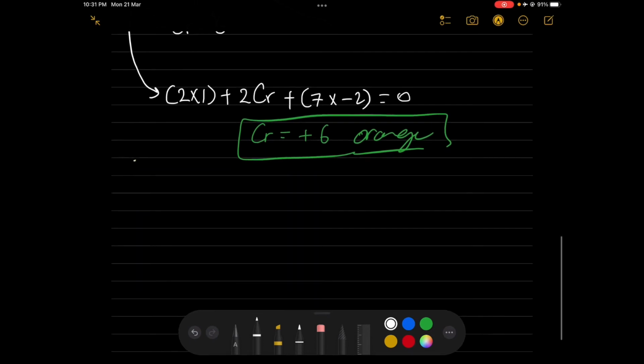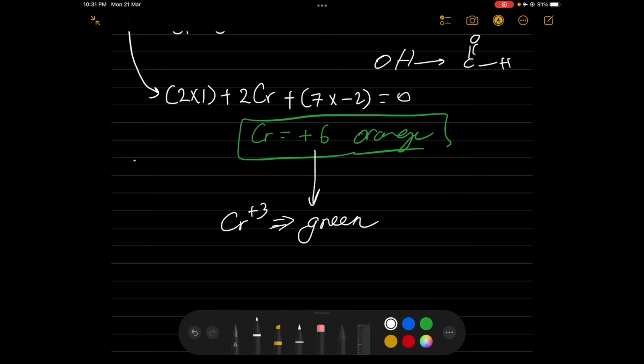According to the definition of reduction, there is a decrease in the oxidation number of chromium, and this is true because chromium will change to chromium plus 3, which has a green color. So the observation you will notice when you oxidize alcohols to aldehydes or alcohols to ketones is a change from orange to green.